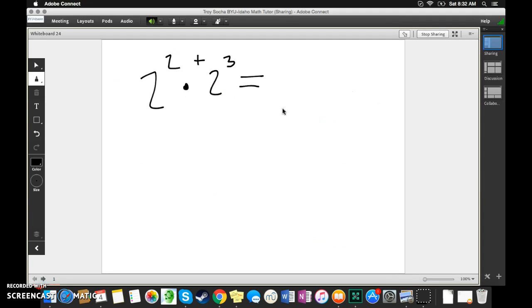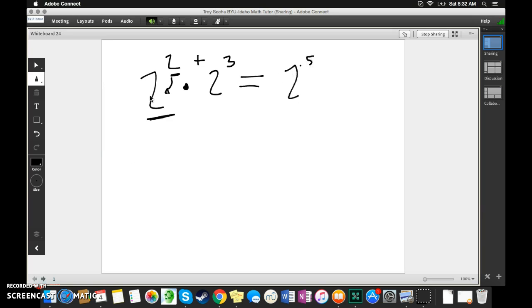All right, so this is important because we have to have the same base. The big number is called a base. This is the exponent, this is its base. So we have to have the same base, and then we can add the exponents. We have the same base here, so this means 2 to the 5th.